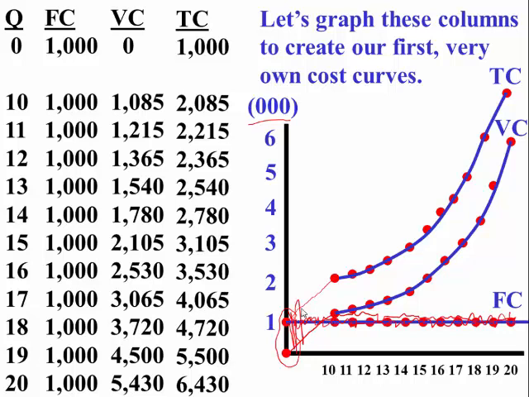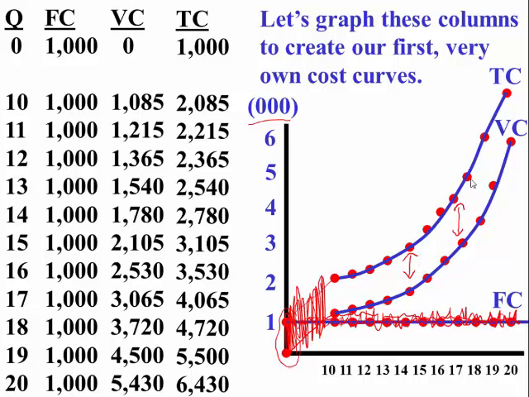But what would happen if I did this? I didn't have this part of the graph here. Could I tell without this part of the graph or this part of the graph, at any quantity, what the fixed costs are? Well, the fixed cost at any quantity is the difference between the total cost and the variable cost.